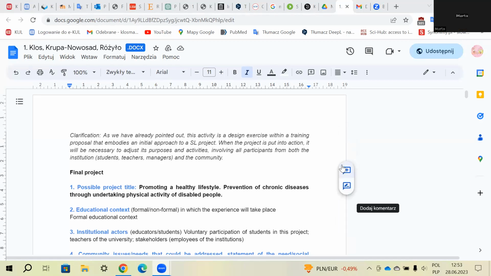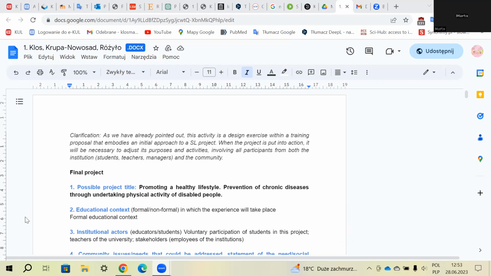So we did our project according to the pattern you sent us on Google Drive, step by step and briefly. This project is from me, Milena and Monica. We are from one university, the Catholic University in Lublin, Poland.